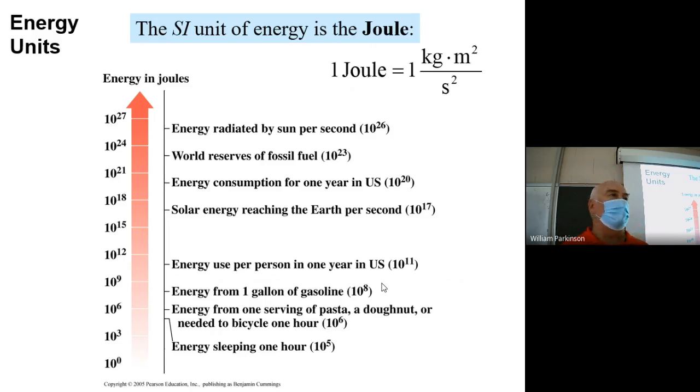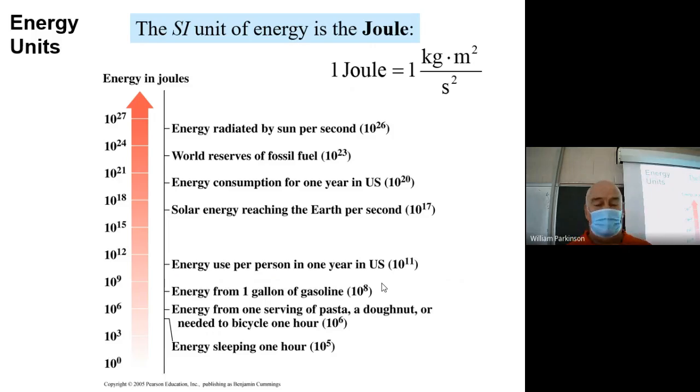And the most familiar unit to us as consumers that we would use in place of joules for energy are calories. Calories are the familiar way in which we can measure this type of unit.